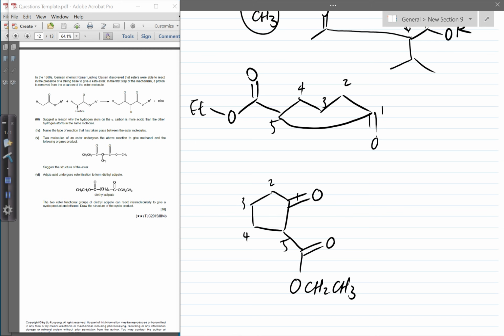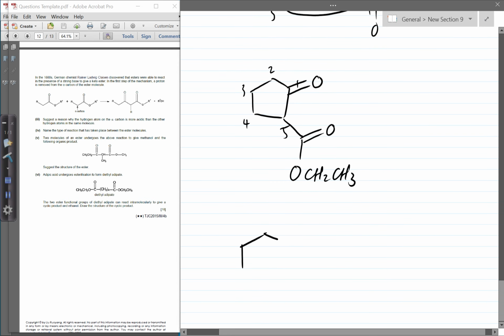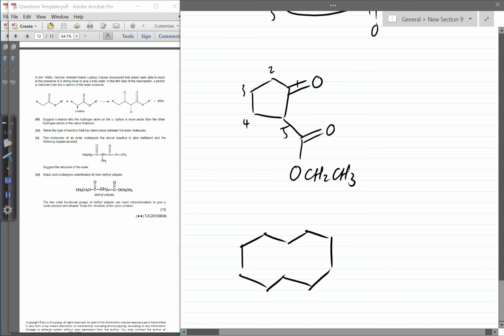Right, let me give you another extension, right? Just now we have seen from non-cyclic become non-cyclic, and then the question asks a non-cyclic become a cyclic, right? Now what if my starting material is cyclic?